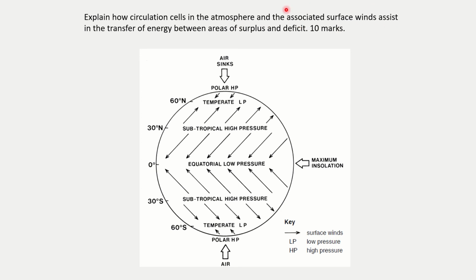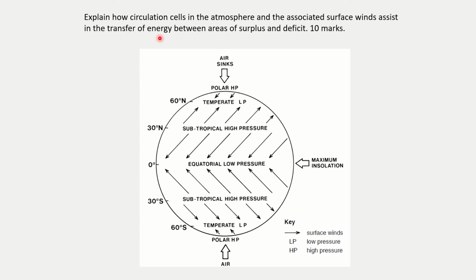Don't forget, if you're asked to talk about surface winds, make sure you do talk about surface winds. And I've provided you one simple thing to say about surface winds, and that's that they're deflected by the Coriolis force. And don't be put off by terms like surplus and deficit. You have seen those terms before.